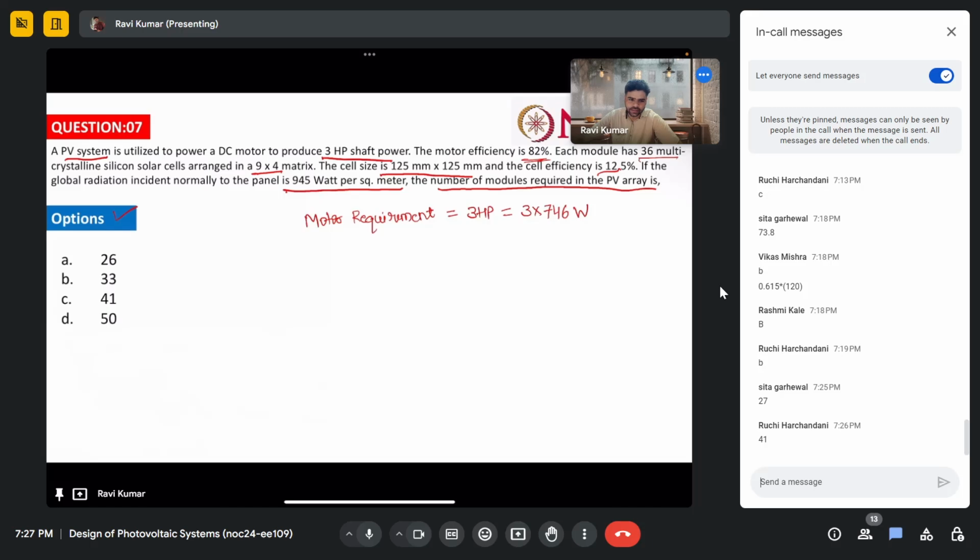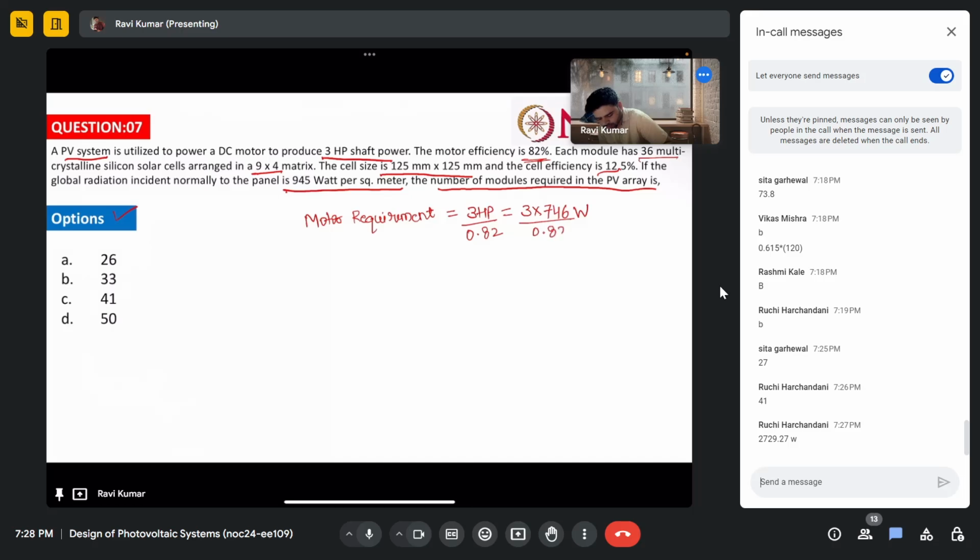What is motor requirement? Yes, because there is an efficiency, so 0.82.